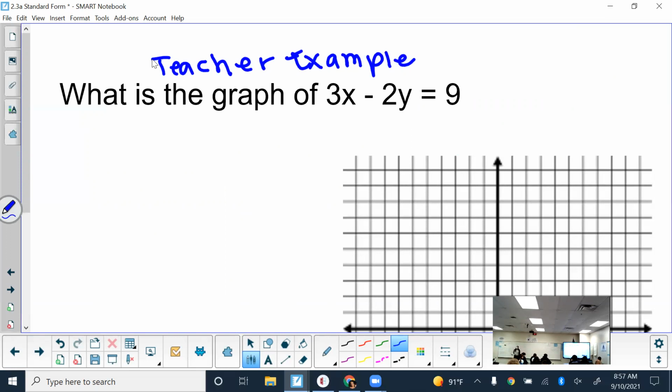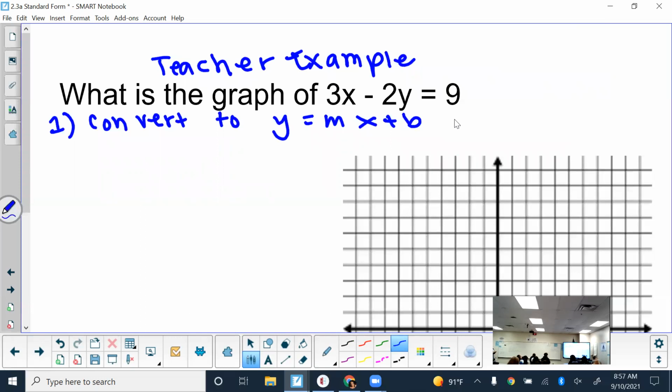So in order to be able to graph this, step 1 would be to convert standard form, or you could just say convert to slope-intercept form. So convert to y equals mx plus b.